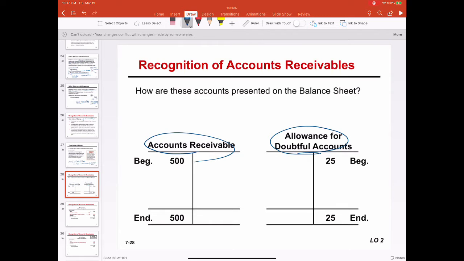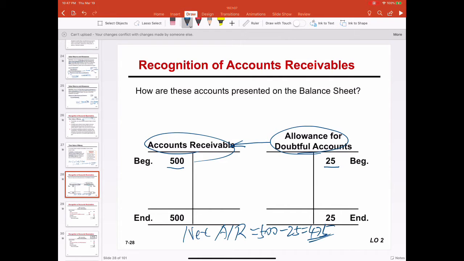Allowance for doubtful accounts is the contra account of receivables. The balance of accounts receivable is debit 500. The allowance for doubtful accounts beginning balance is 25 credit. So the net accounts receivable is the difference: 500 subtract 25 is 475.